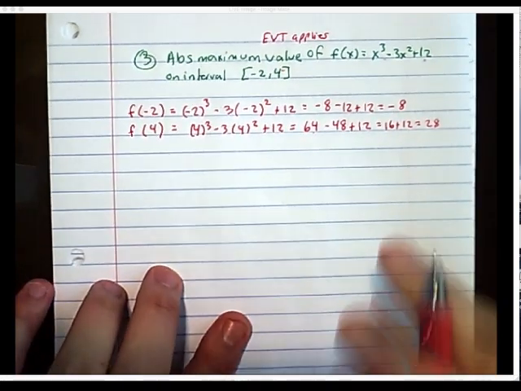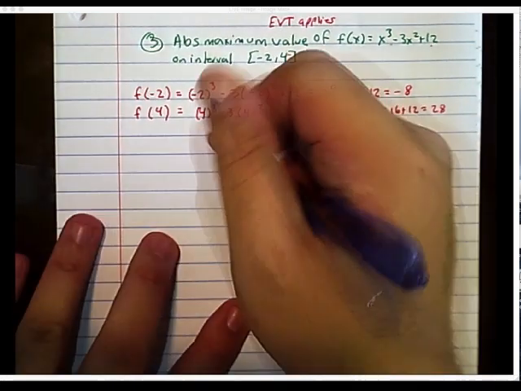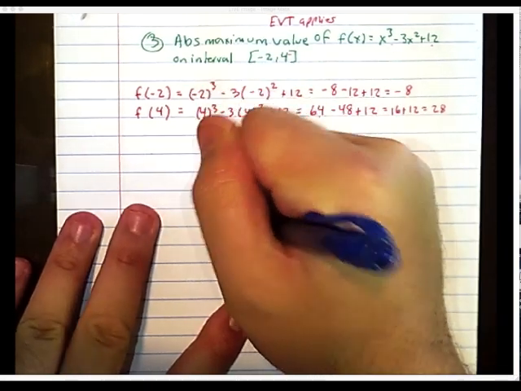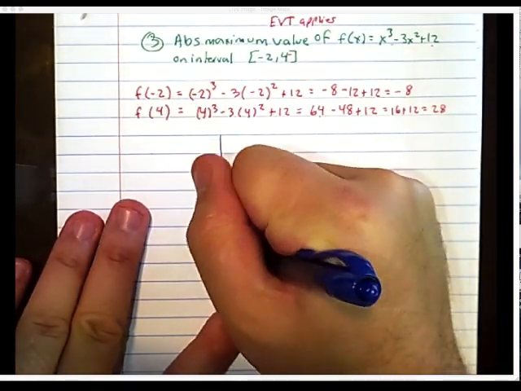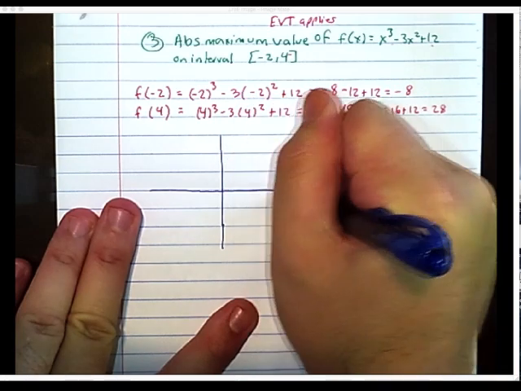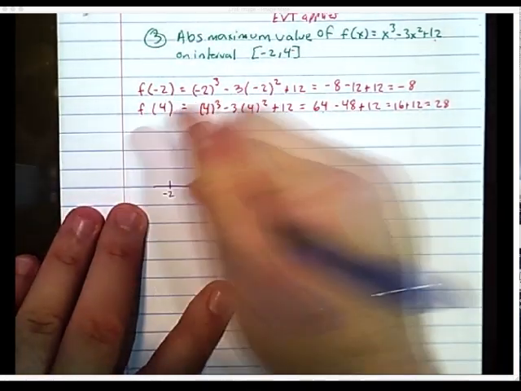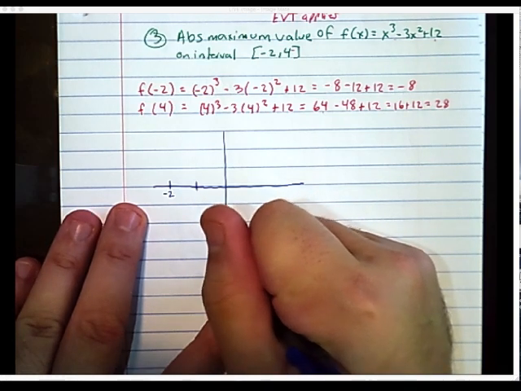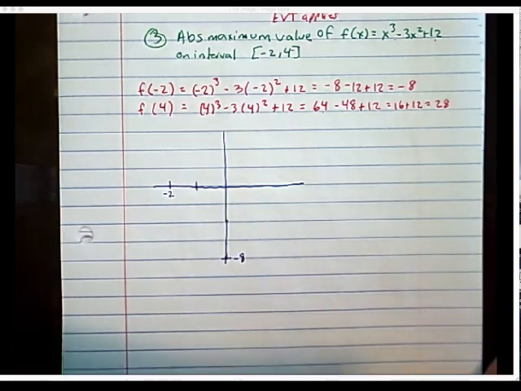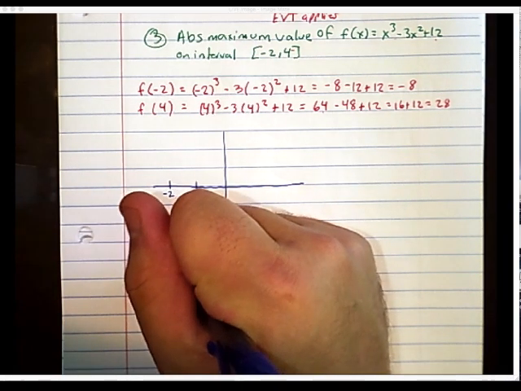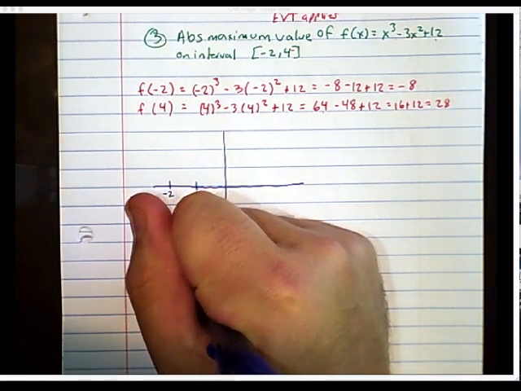Okay, so right away, just doing that, let me just kind of draw a graph. I have no idea what that cubic looks like, but what I know already is when the x value is negative 2, the y value is negative 8. And this is not going to be to scale, by the way.